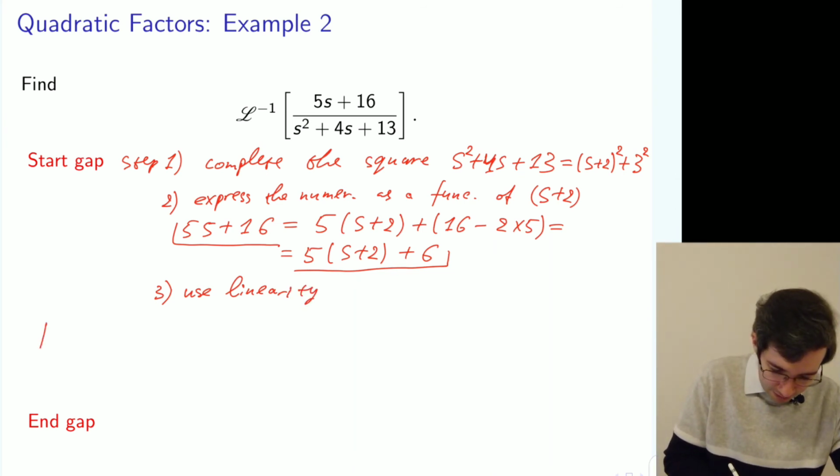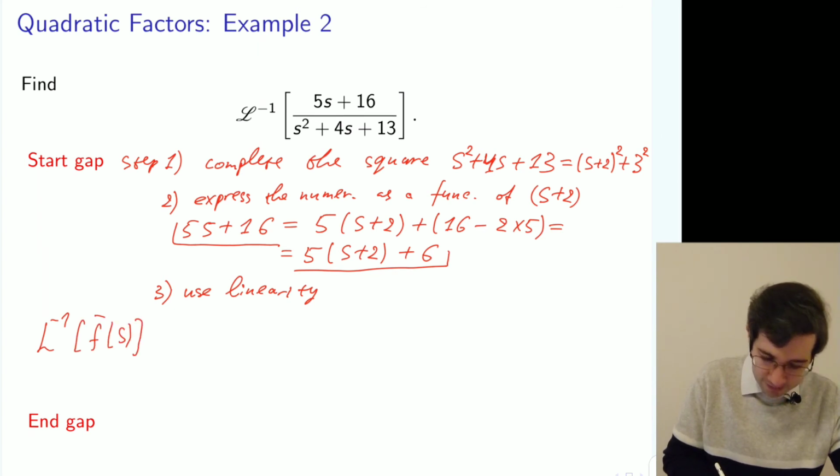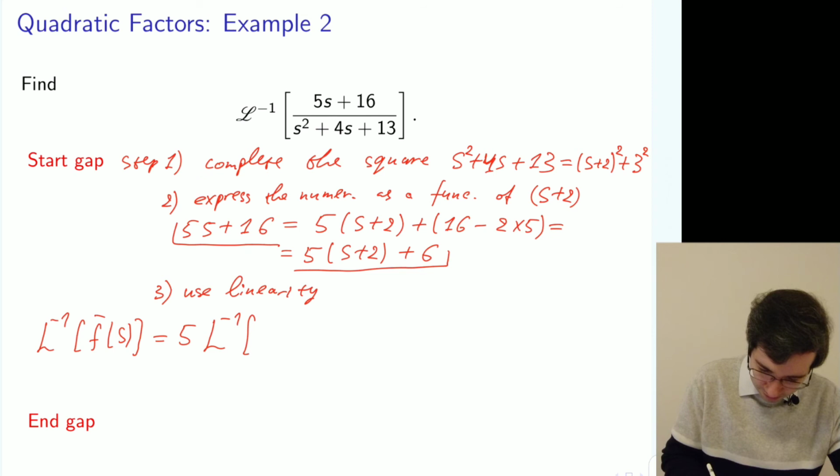So we write the inverse Laplace transform of f bar of s is 5 times the inverse Laplace transform of s plus 2 over s plus 2 squared plus 3 squared.